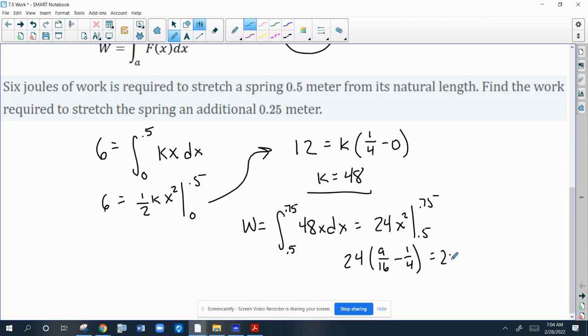So this would be 24 times, so this is 4 over 16, so 5 over 16. And then, let's see, 8 goes into both of those, so this would be 3, 2. So we have 15 halves, and that's joules. So that's that.